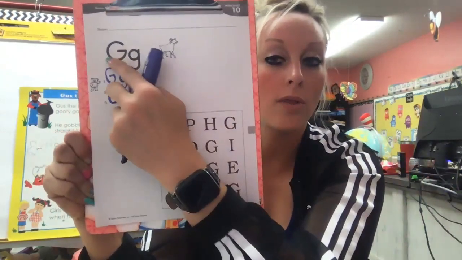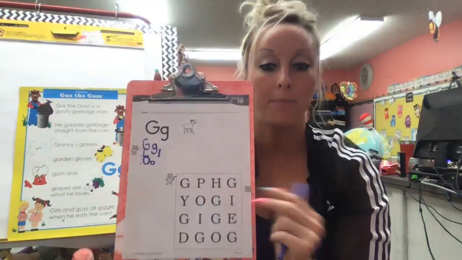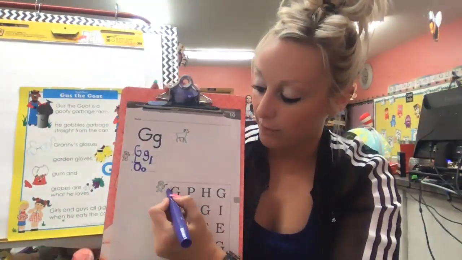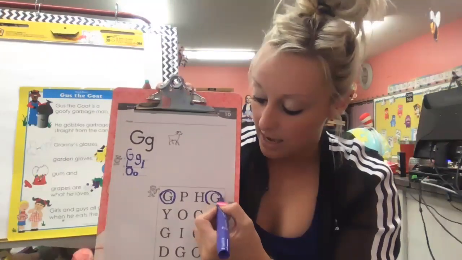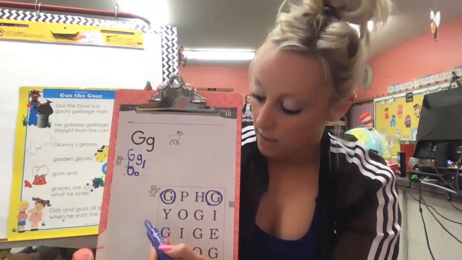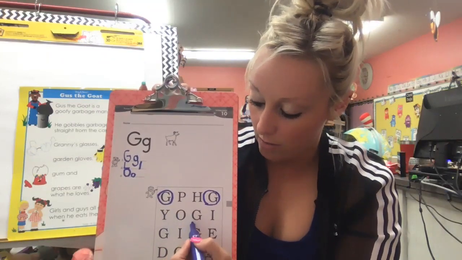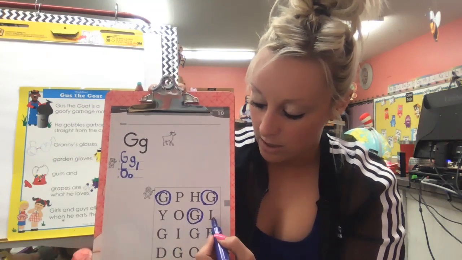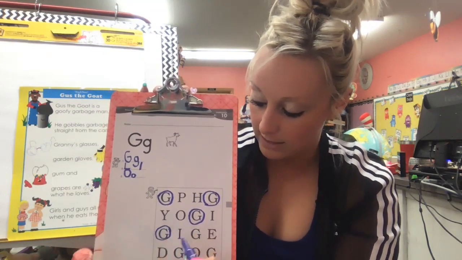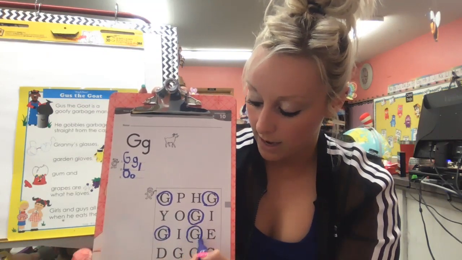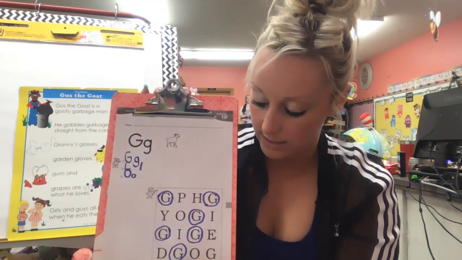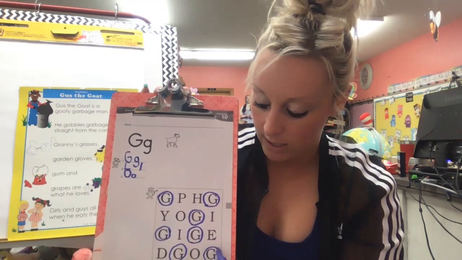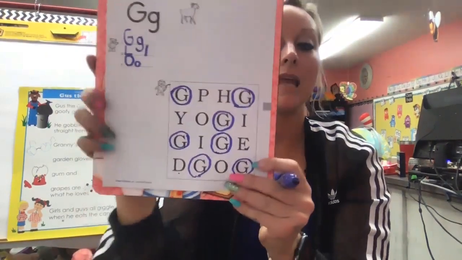Now this time we're only going to circle it if it's a capital G. My very first one's a G. No. No. Yes, that one's a G. No. No, that one's a G. No. Yes. No. Yes. No. No. Yes. No. Yes. Let's count and see how many we had.